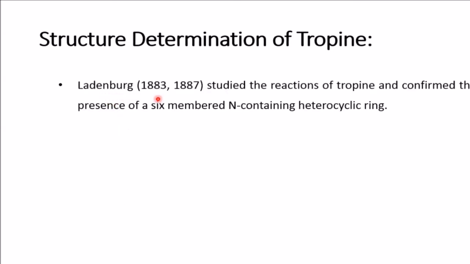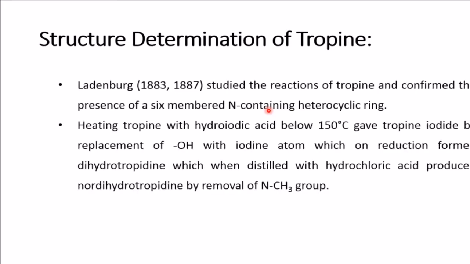Ladenburg in 1883 to 1887 studied the reaction of tropine and confirmed the presence of a six-membered nitrogen-containing heterocyclic ring in the tropine compound.